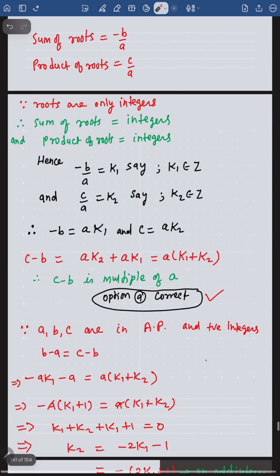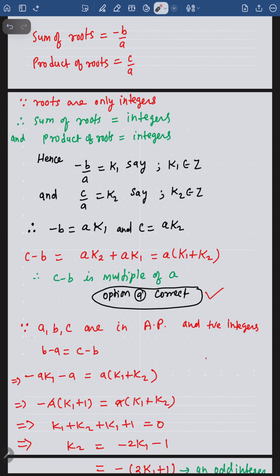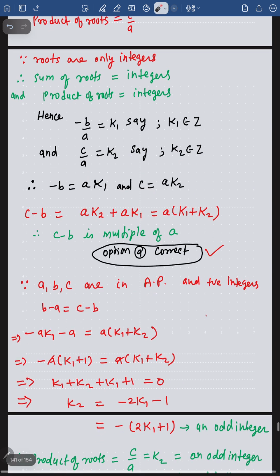Now come to the second option. a, b, c are in AP and positive integers as well. Therefore b minus a will be c minus b. Using minus b equal to a k1 and c equal to a k2, c minus b gives a k2 plus a k1.